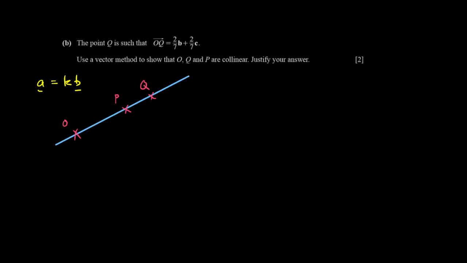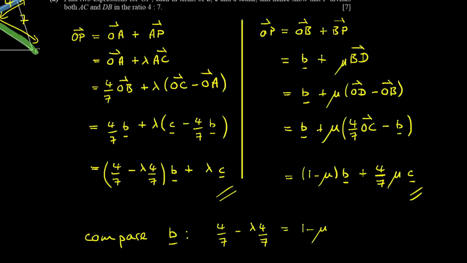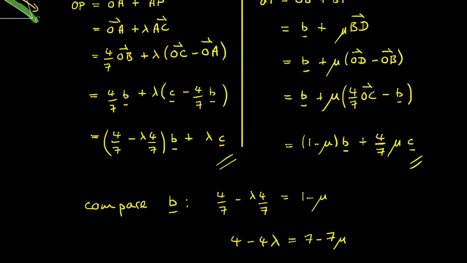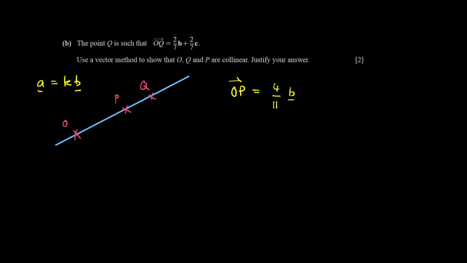So OP is equal to 4/11 of B, and we've got 4/7 times 4/11. No, 4/7 times 7/11, wasn't it? 4/7 times 7/11 C. And if that cancels off, right, then we're going to get 4/11 C.